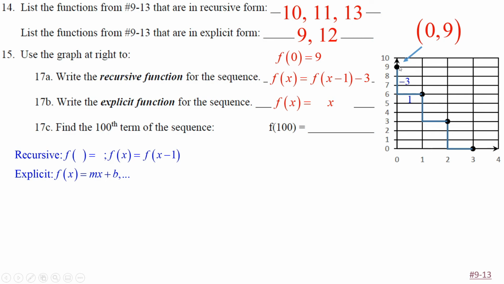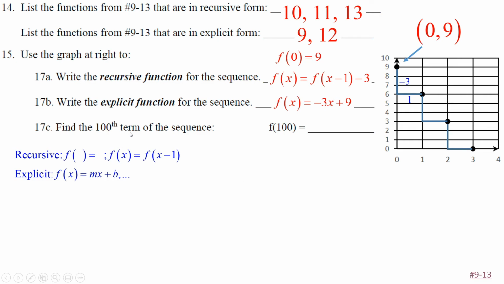Well, you see the slope right here. I'm rising -3 and I'm running 1. And the slope is the same as the common difference, which I see above. So I know this slope has to be -3. And the y-intercept I can clearly see is that 9 right there. So my b is 9, plus 9. There's my explicit formula right there.